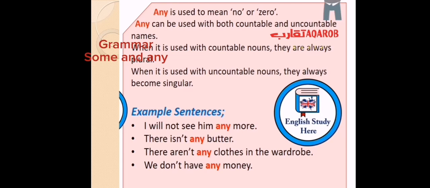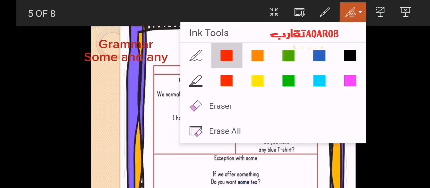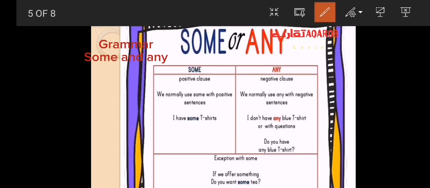Where is the noun? Sugar. Is it singular or plural? It's singular because this noun is uncountable. And this sentence is in negative form. So we use any with a negative sentence, but we use some with an affirmative sentence. Now look at this picture. Let's explain it again.